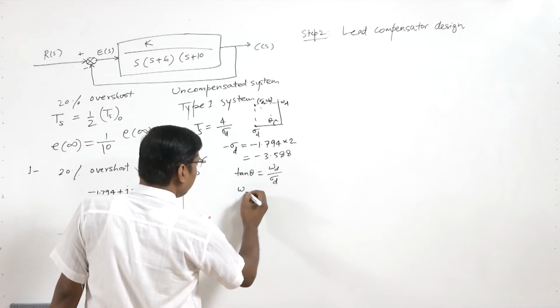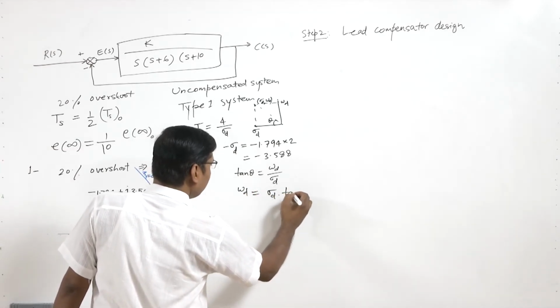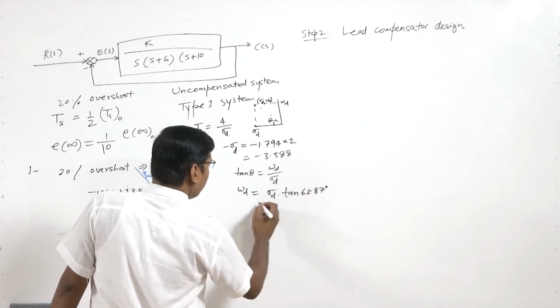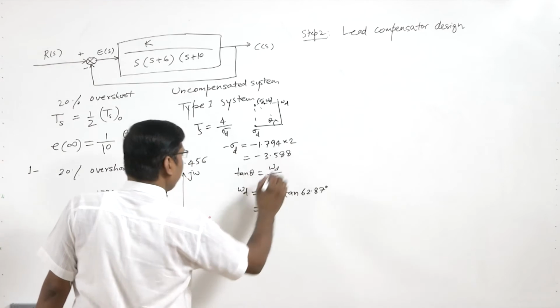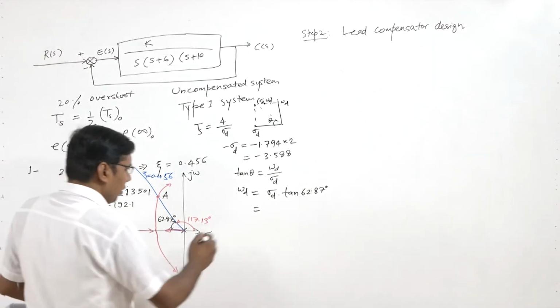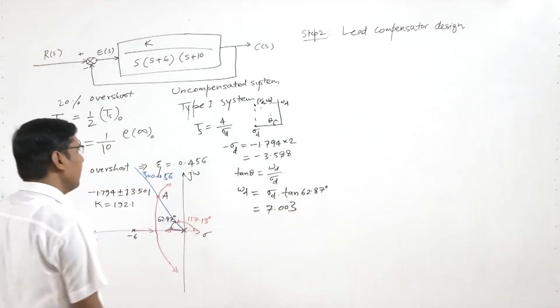So here omega d equal to sigma d into tan 62.87, and sigma d we put this value 3.588, and we will get 7.003. So we got omega d.